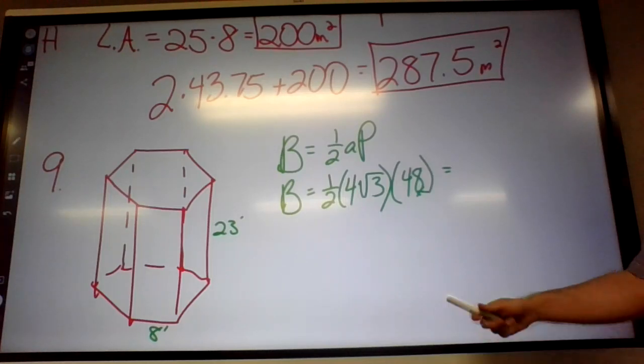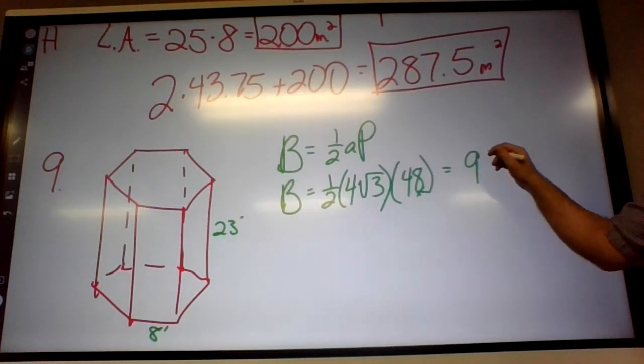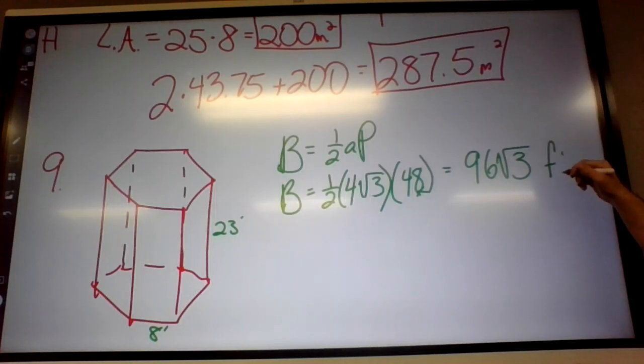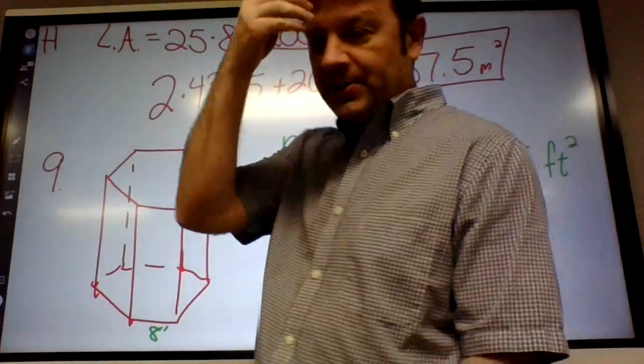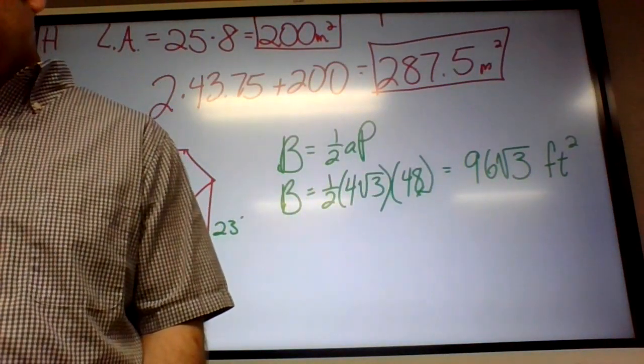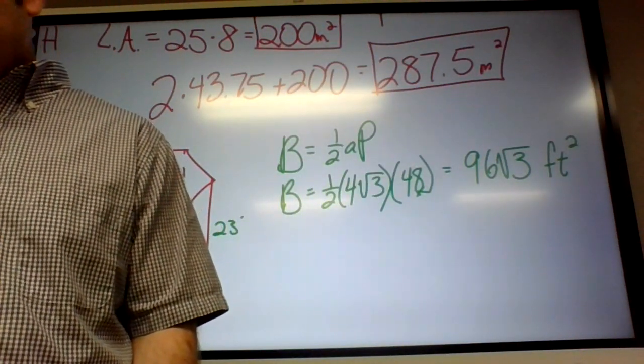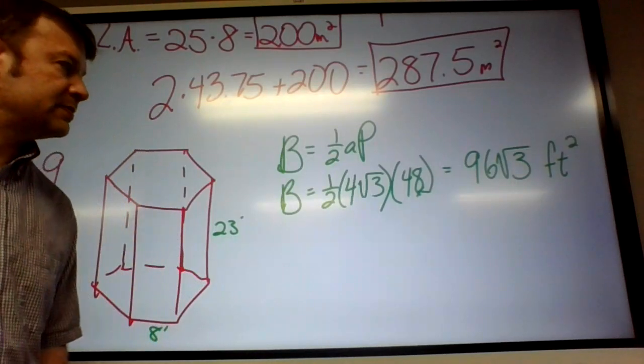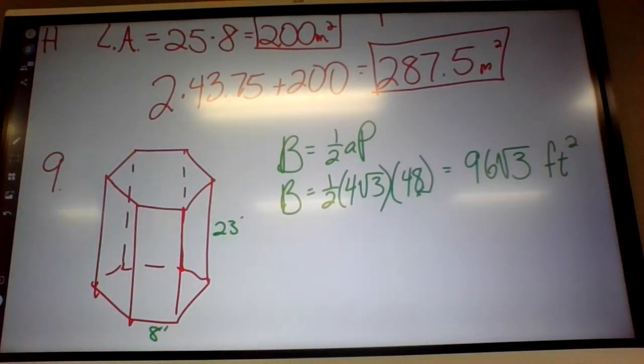Let's see, what does that come out to? 2 times... that'd be 96 square root of 3. Did they leave a square root or a decimal answer? They did both, I guess. I think I'm going to leave the square root answer.